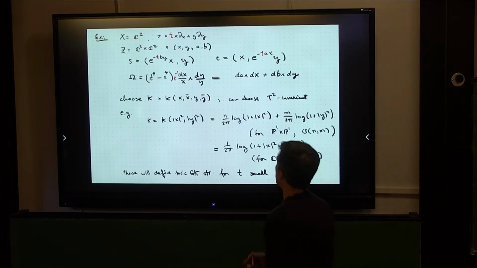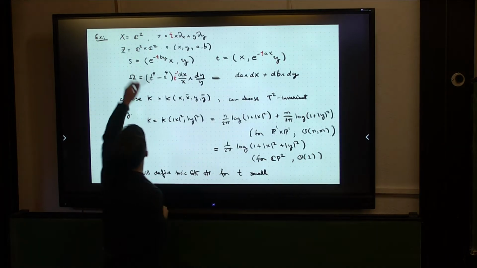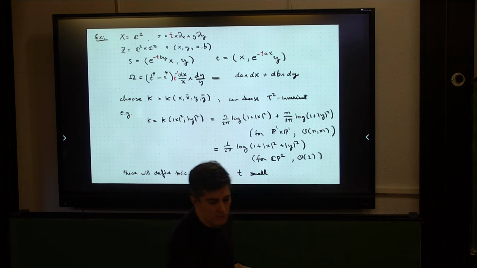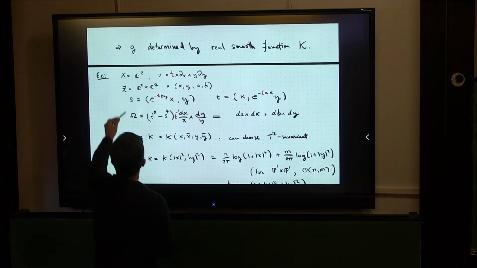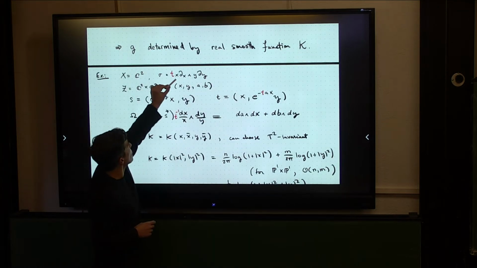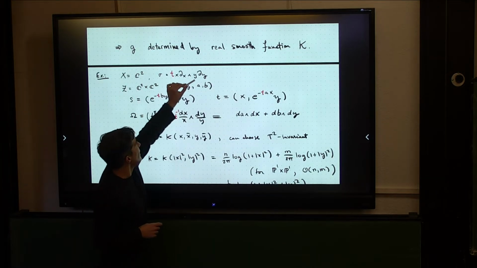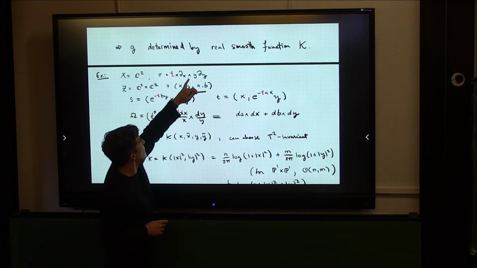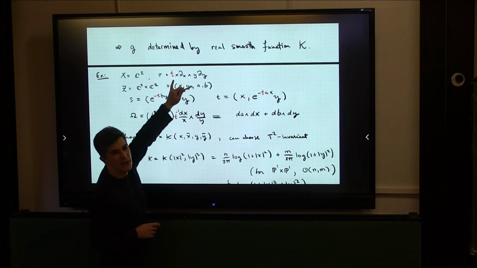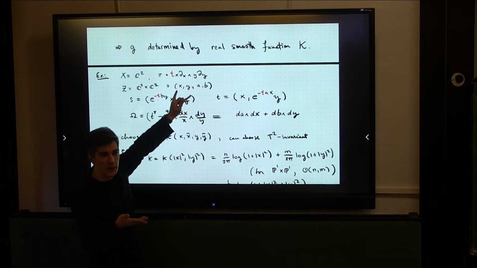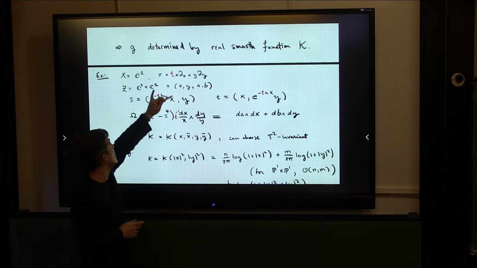Okay, so let's do an example. Let's take C^2 with a Poisson structure. The coordinates are x and y. The Poisson structure is t x ∂x ∧ y ∂y, and I multiply by t just to show you how it varies with t, so that we can let t go to 0 and see what happens.